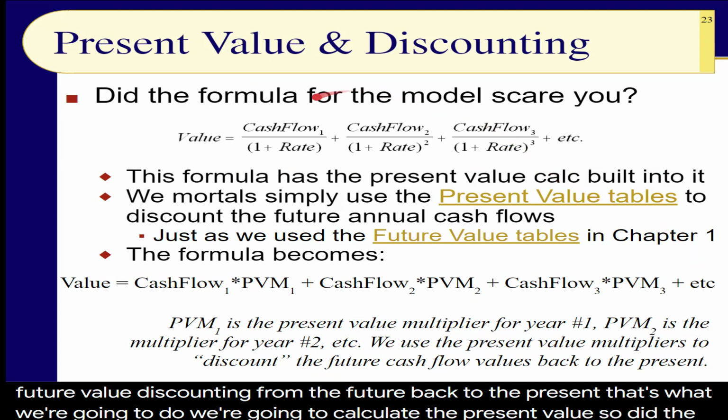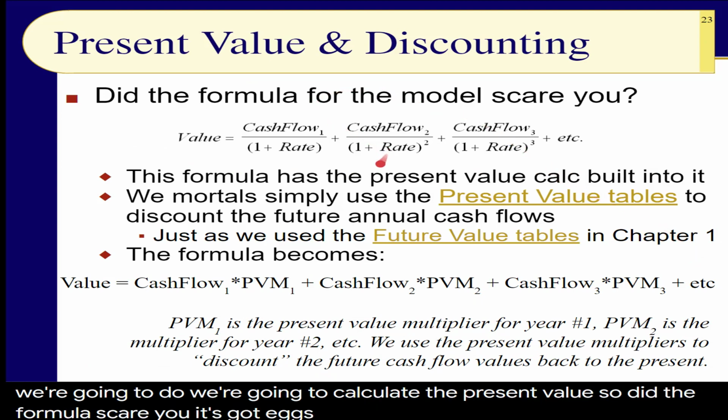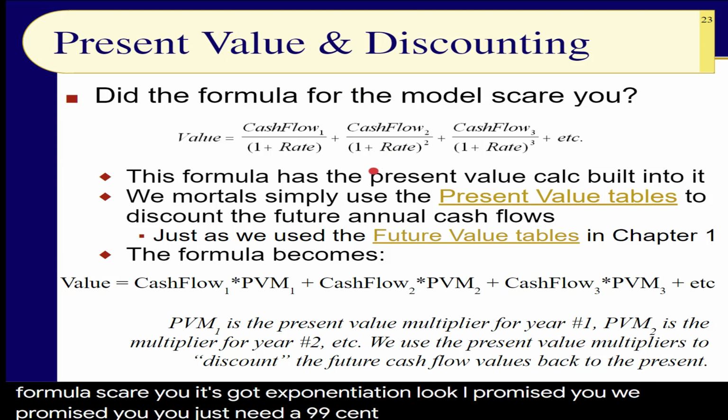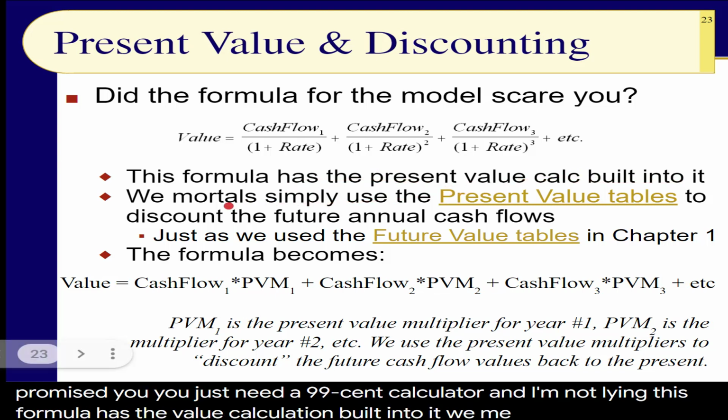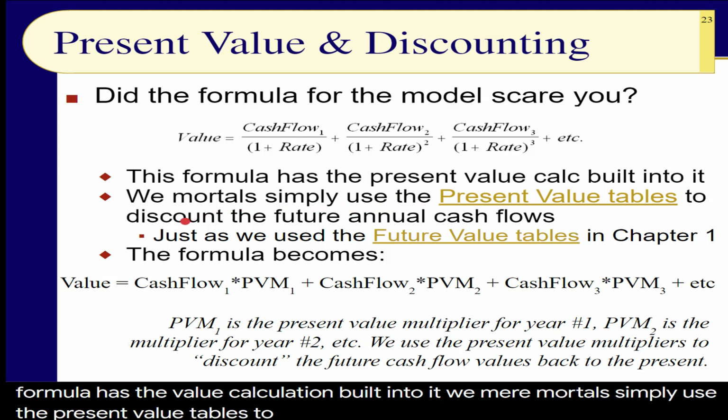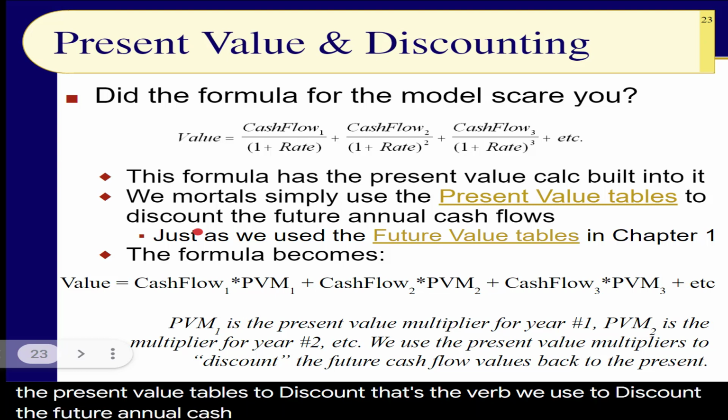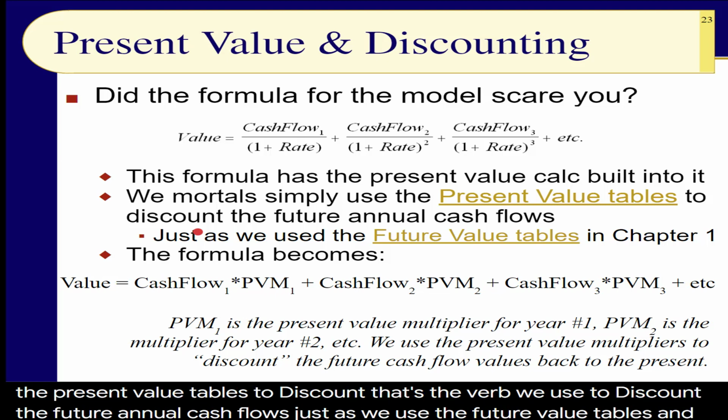So, did the formula scare you? Ooh, it's got exponentiation. Look, we promised you, you just need a 99-cent calculator. And I'm not lying. This formula has the present value calculation built into it. We mere mortals simply use the present value tables to discount, that's the verb we use, the future annual cash flows, just as we use the future value tables in chapter 1 optionally.